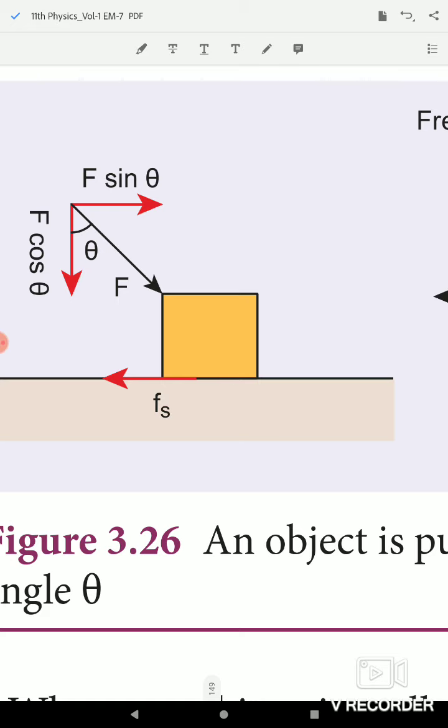Here F sin theta is parallel to the surface, but F cos theta is normal to the surface, acting downwards. So the total downward force acting on the body is mg plus F cos theta. It implies that the normal force acting on the body increases. There is no acceleration along the vertical direction.